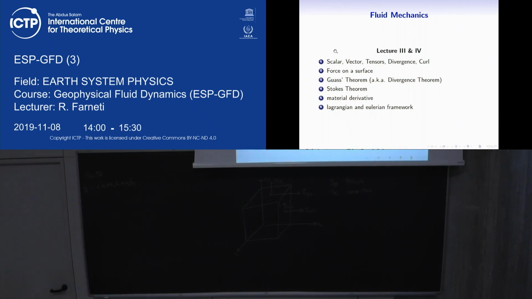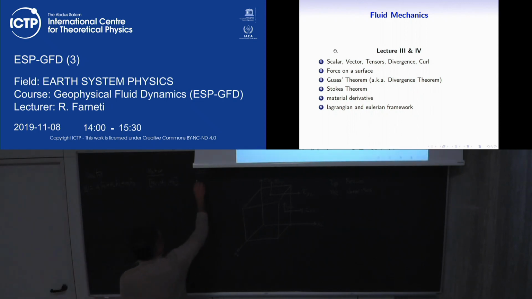Okay, so it's a bit painful. In matrix notation, how would you write this? In matrix notation, you will write u1, u2, u3, which is a little bit better already. But in tensor notation, how would you write this?